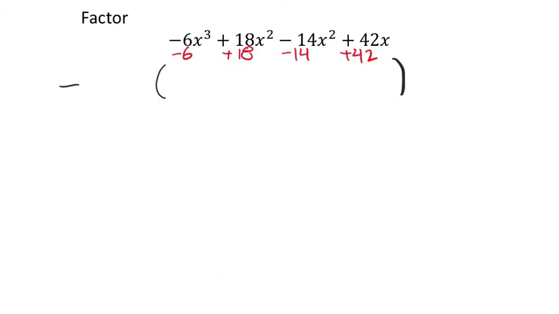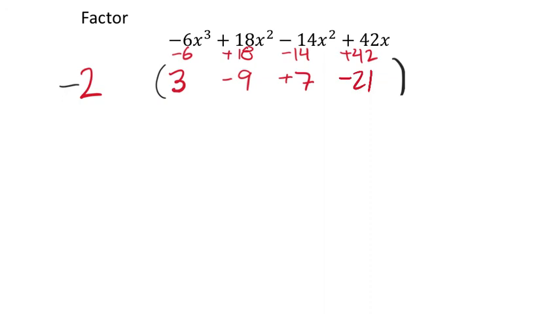So again, I'm not just taking out a 2, it's a negative 2. So negative 6 divided by negative 2 would be positive 3. 18 divided by negative 2 would be negative 9. Negative 14 divided by negative 2 would be positive 7. And 42 divided by negative 2 would be negative 21. So that's just the numbers part of this.